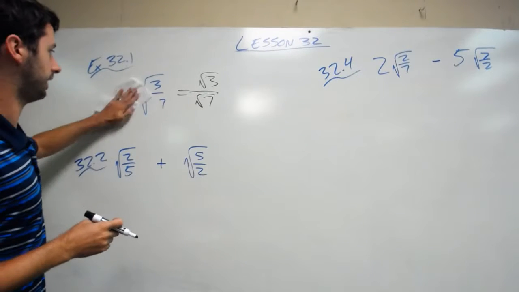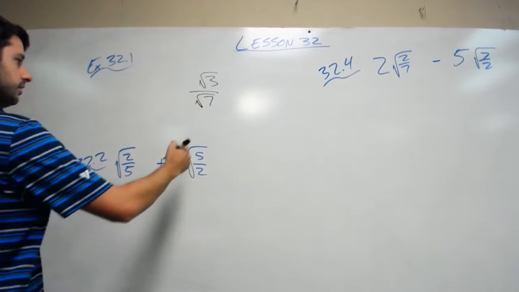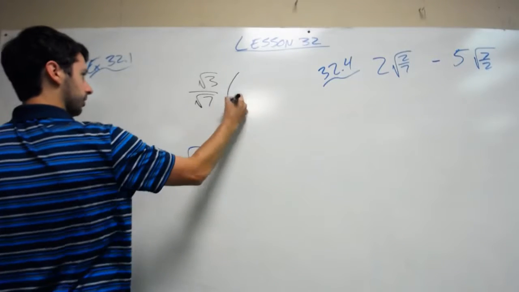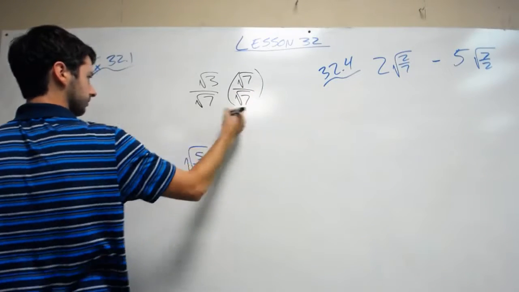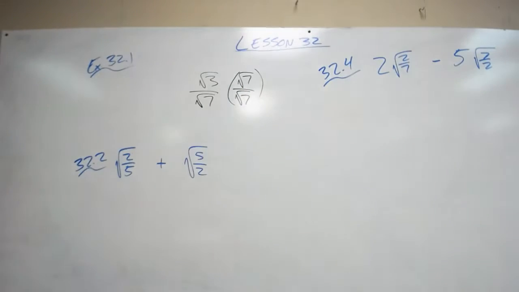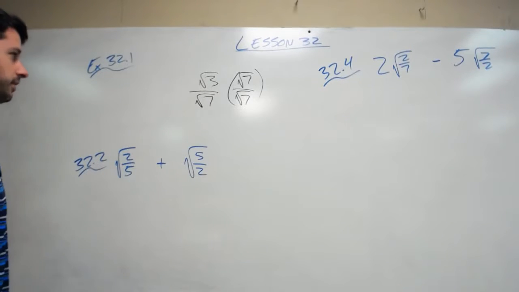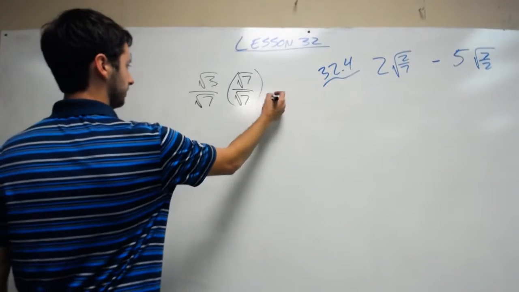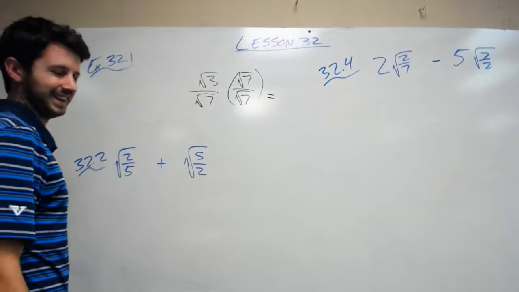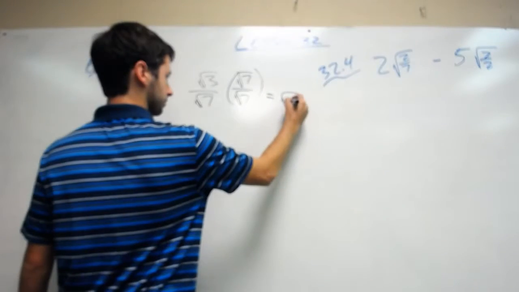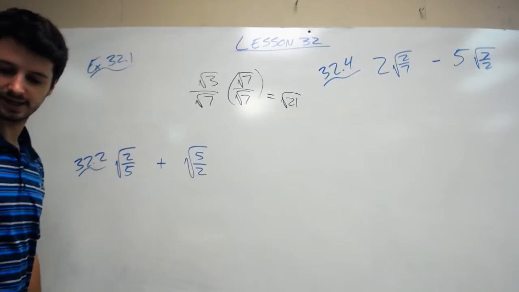How we did that in the past is how we'll do it here. So what we want to do is multiply by square root of 7 over square root of 7. I want to multiply it by itself in the form of 1. Because then we get square root of 3 times square root of 7, that is square root of 21. 7 times 3, 21, and the square root sign stays there.